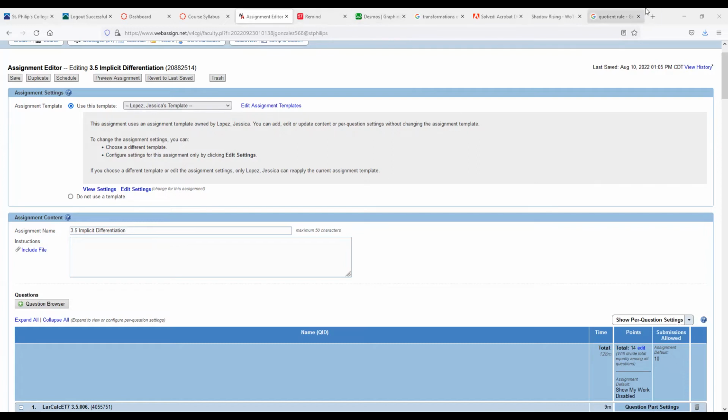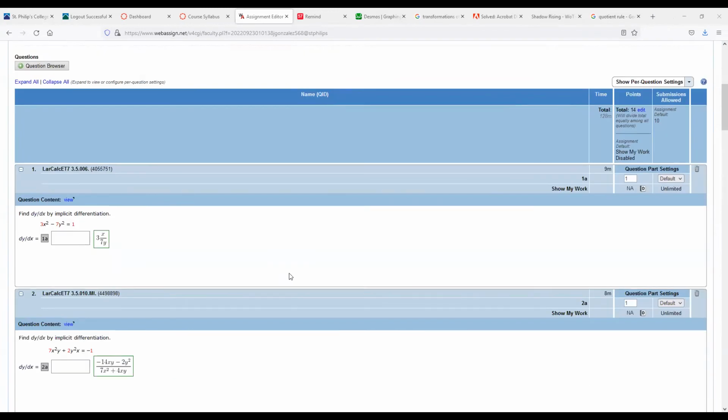Just remember the book starts to assume at this point that you can do quotient, product, and power rule, no problem. If you're still struggling with those, make sure you practice, okay?